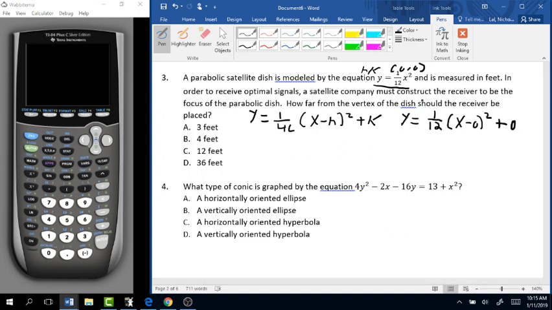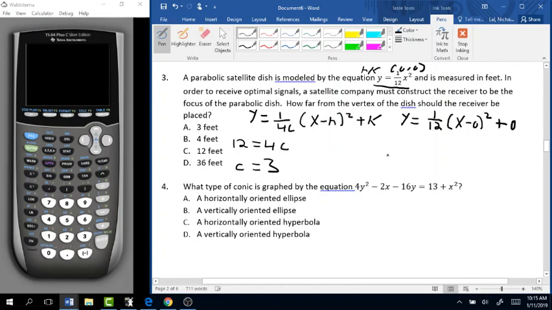All right, so the center is 0, 0. And our focal length, remember c is our focal length. So if 1 over 4c equals 1/12, then that means 12 is equal to 4c, which means that c is equal to 3.